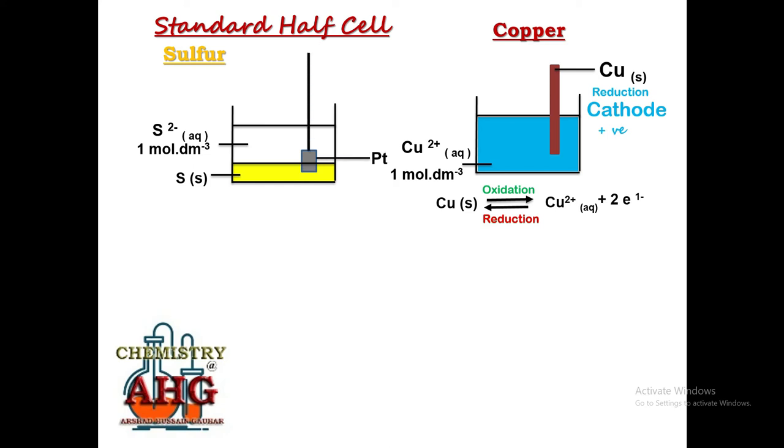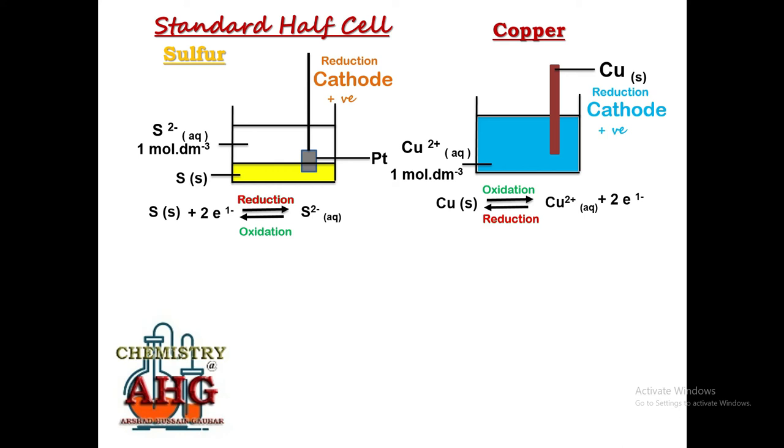Now two processes will start when solid sulfur and sulfide ions come in contact: reduction and oxidation. Which process will dominate in this case? Since sulfur is a non-metal, reduction will dominate. When reduction dominates, this half cell will become the cathode and it will carry positive charge.